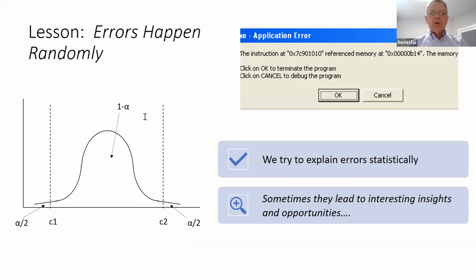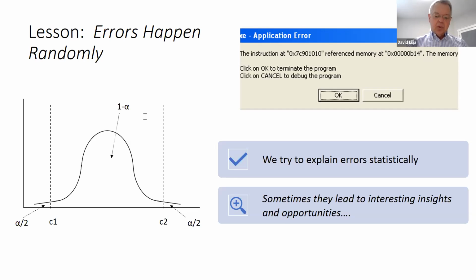We try to explain those errors in some sort of statistical way, which I'm trying to hint at on the left there, where we look at confidence intervals to explain how big errors can be. But sometimes errors can lead to really interesting insights, things that we hadn't really thought of before.